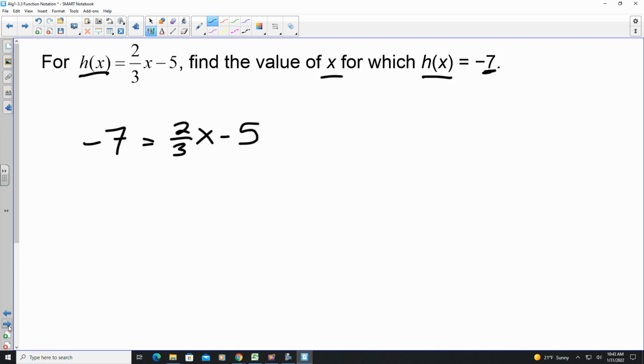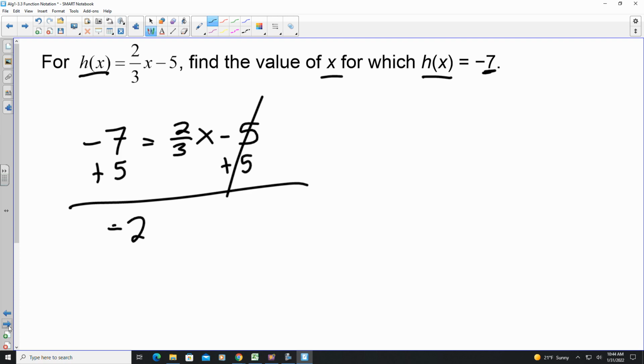So utilizing multiple step equations, add 5 to both sides. This gets canceled. I get -2 is equal to 2/3 x.